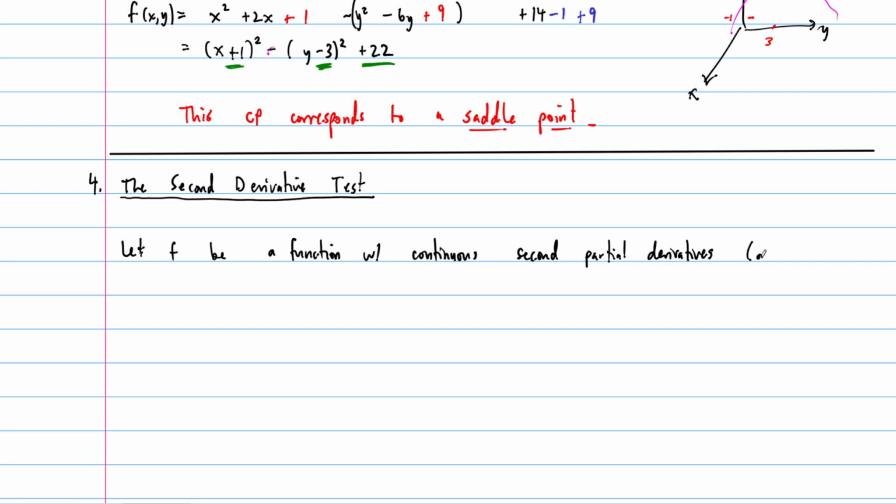I'm going to add to this: on an open set, and this open set is going to contain some point that we care about, which is probably going to be a critical point. You can probably guess that.